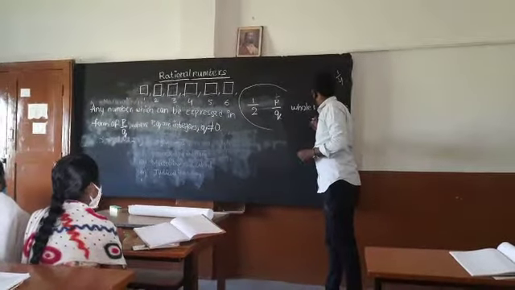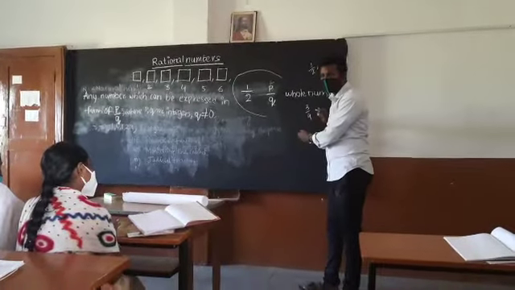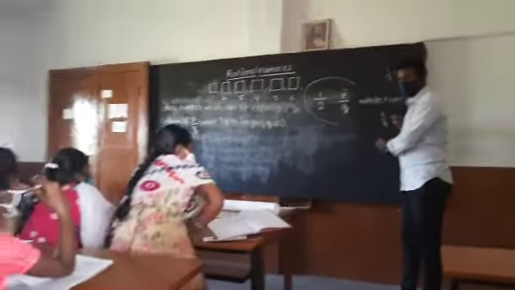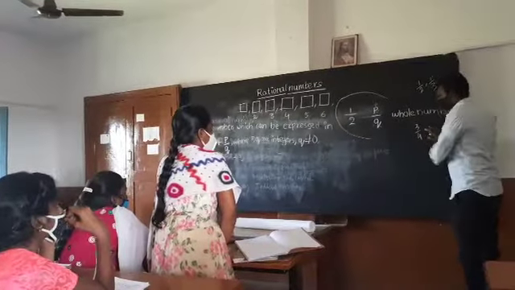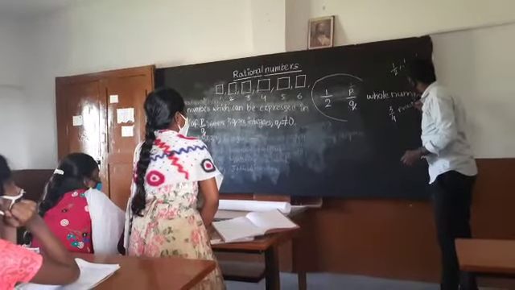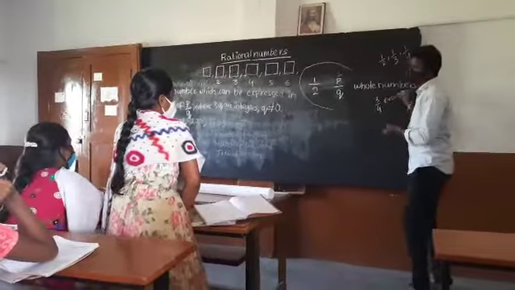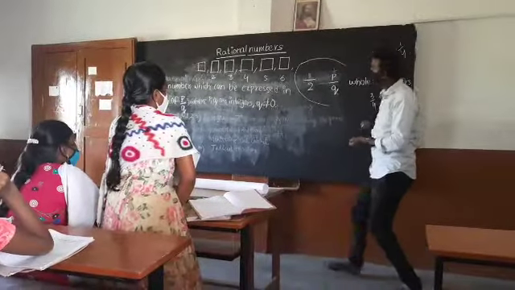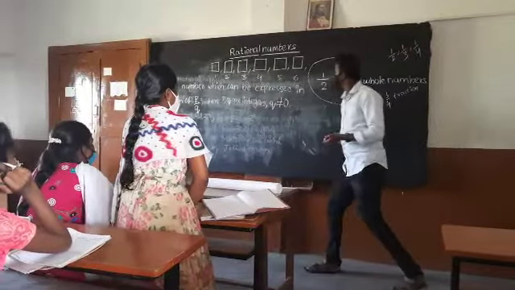I'll say P by 4. Is it a fraction? Yes, it is a fraction. Can we call it a rational number? Yes, because it is a fraction, so it satisfies our definition of P by Q. P and Q are integers.